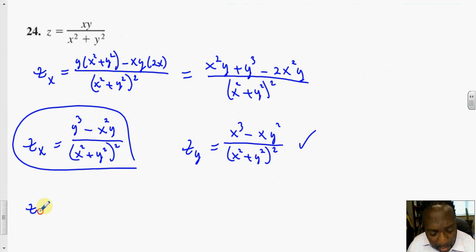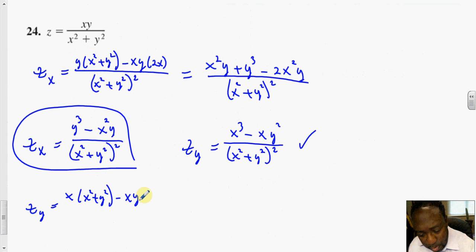The partial of z with respect to y, we use the quotient rule, so this becomes x times the denominator, x squared plus y squared, minus the numerator times the derivative of our denominator with respect to y, that's 2y, and that's all over x squared plus y squared, quantity squared.